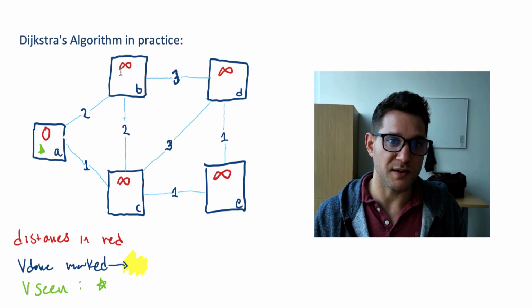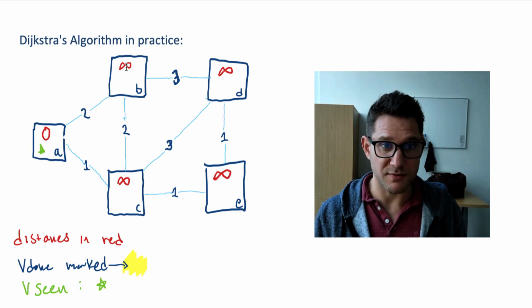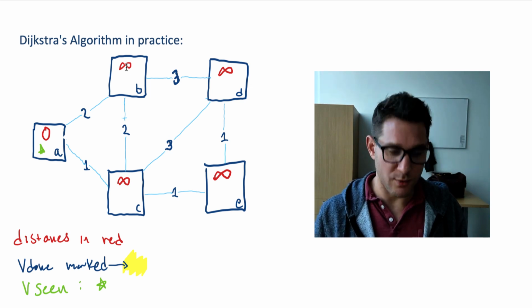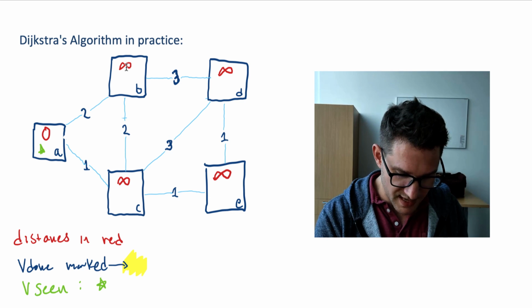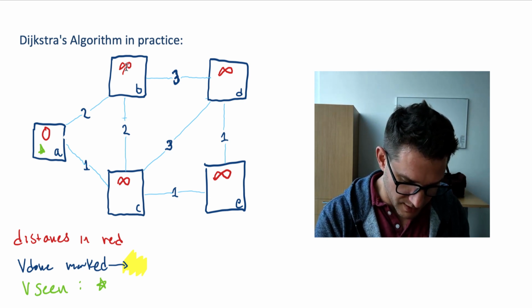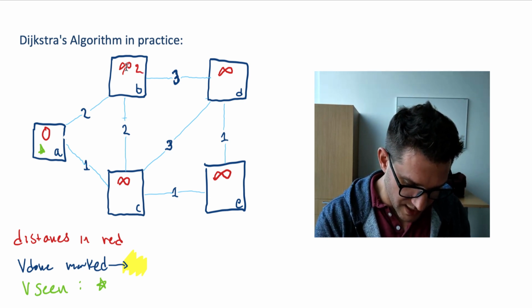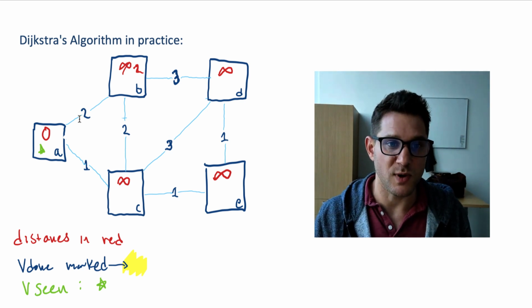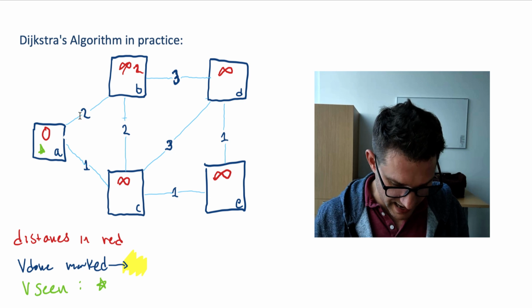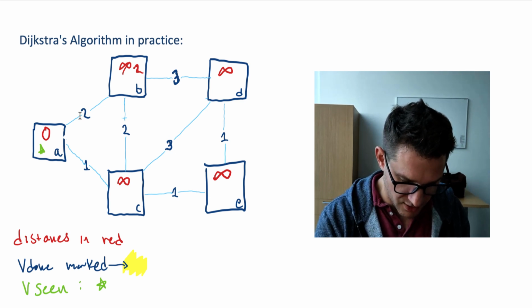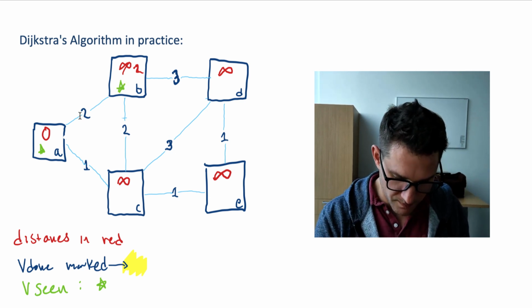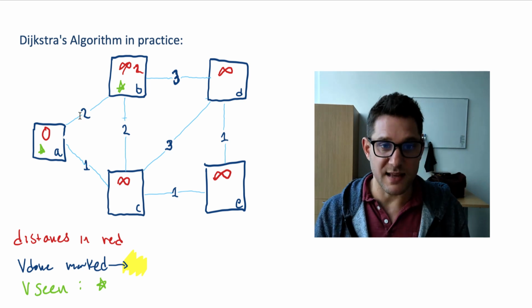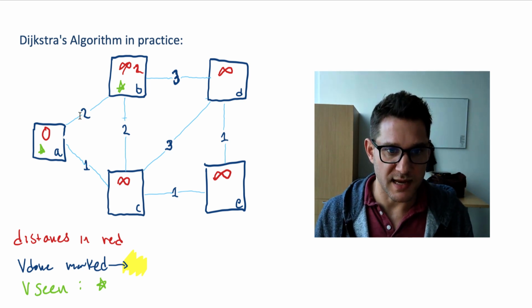Is 2 smaller than infinity? 2 is smaller than infinity. So we're now going to take this infinity, cross it out, and put the number 2 here. And again, that 2 came from the fact that we had 0 as the distance and 2 with this edge weight. And now we're going to add B to the queue. We mark it with a little star.